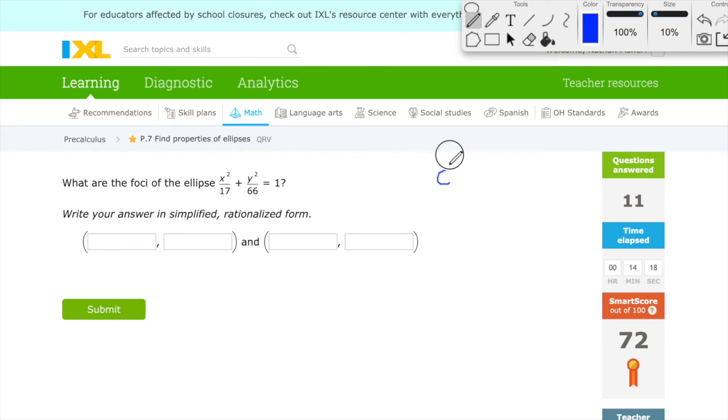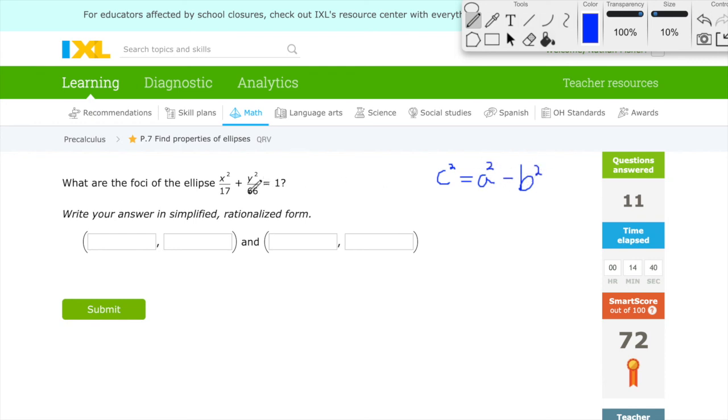It's going to be c squared equals a squared minus b squared. So first we need to do the bigger one minus the smaller one. And if you notice I'm already over 70, so it's just for kind of future use, I think.